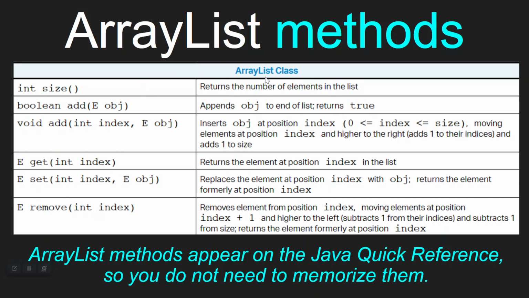The ArrayList class has 6 methods that we need to become familiar with and understand how they operate and what they do. We want to make sure that we can read this information over here and make sense of it. So that's what this lesson is all about: a general introduction to ArrayList methods. You'll be practicing them like crazy. But just remember, there is good news here. They are on the Java Quick Reference. You don't need to memorize them.